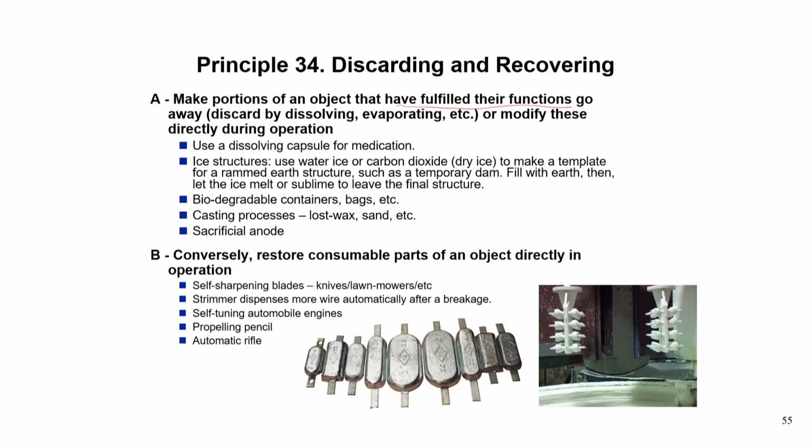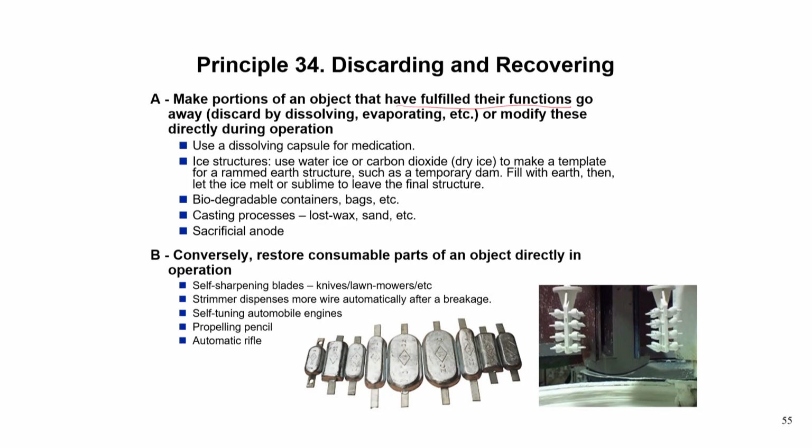While talking about the principle of intermediary substances, I talked about the space shuttle. The example of the space shuttle can be brought here also, because we do the discarding and the recovery of the thing, particularly in many other cases.